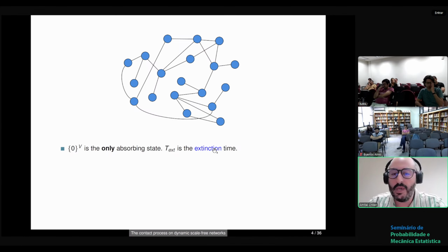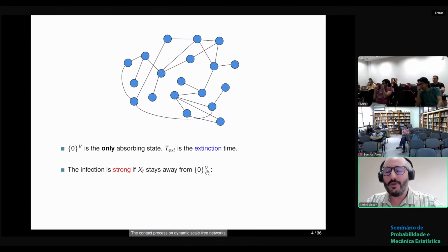We call the hitting of this configuration the extinction of the infection. Of course, everyone who works with the contact process is always on the side of the infection instead of the population. So we talk about extinction and survival, and we always root for the survival of the infection.